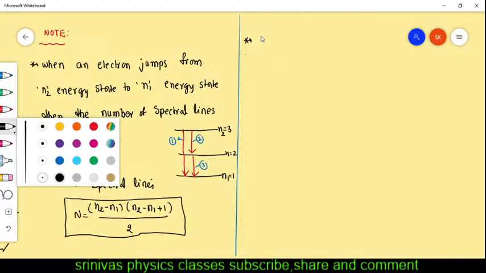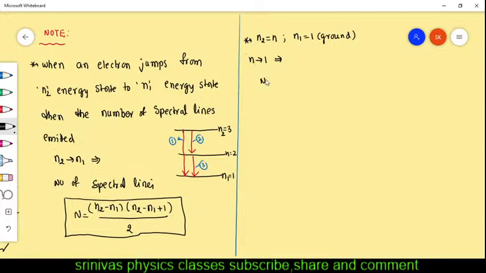If the electron jumps from the nth orbit to the first orbit, n2 is n and n1 is 1, which is the ground state. Transition occurs from the nth orbit to the first orbit.